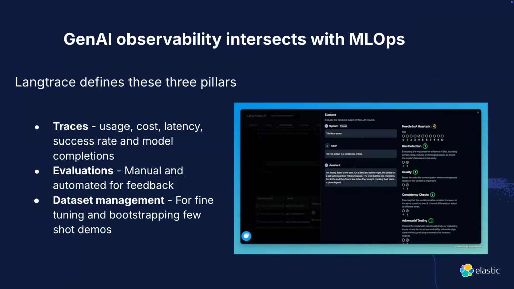So there's a lot of overlap with MLOps compared to traditional systems engineering. And so yes, you have things that you could become familiar with, but of course, cost is added into the trace if certain providers can look up that information.